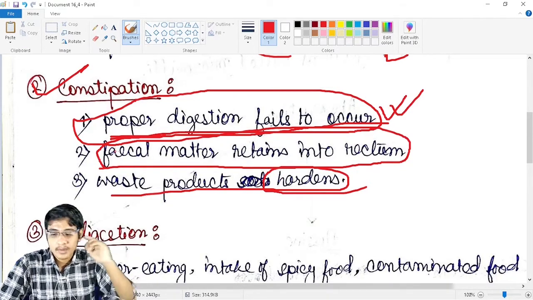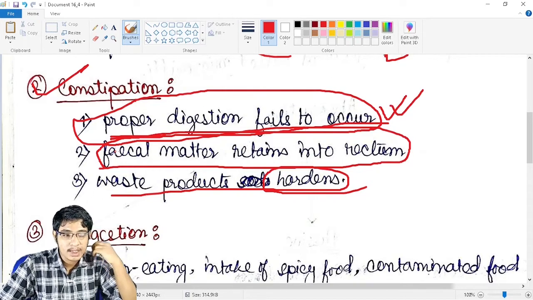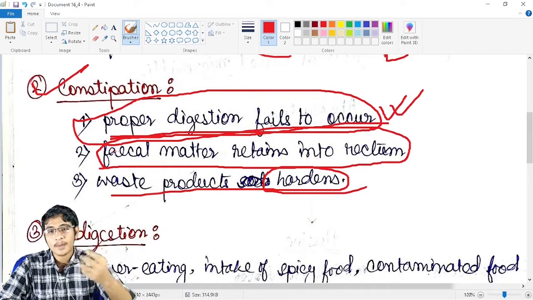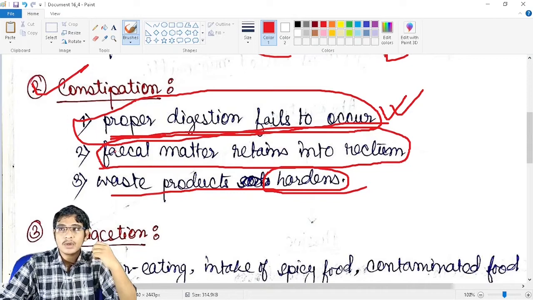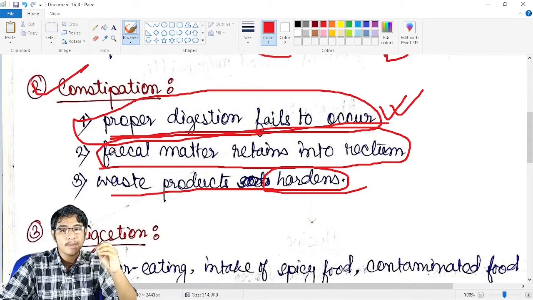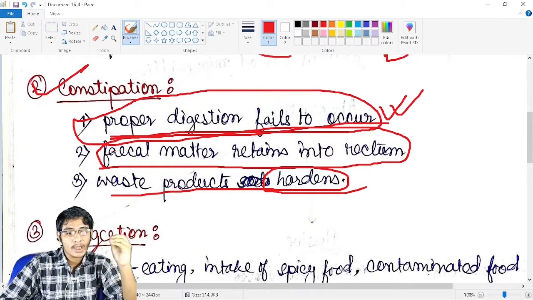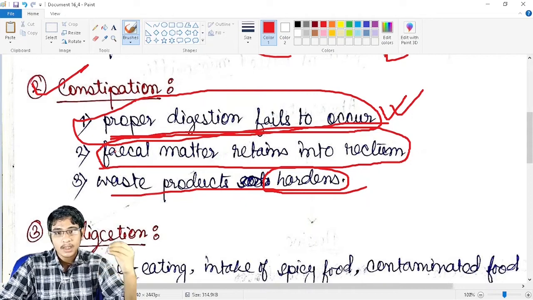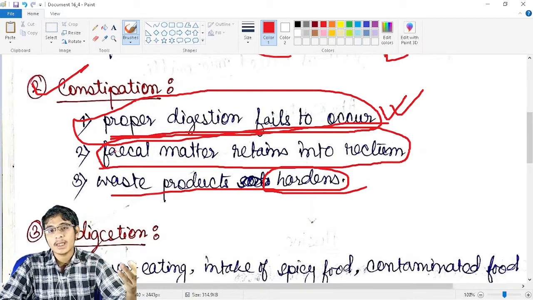If fecal matter is retained in the rectum, we have loss of appetite, meaning the patient doesn't want to eat any food. This is very painful for the patient because they fail to eat anything, and the fecal matter also doesn't come out from the anus because it hardens.